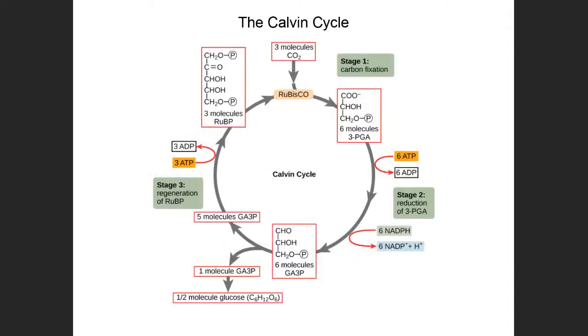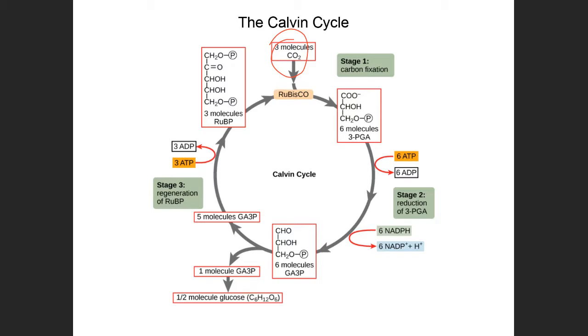Okay, so the structure of the carbon cycle is very easy. First of all, I have to fix my CO2. Then I pass to a stage where I reduce the CO2, and then I pass to the stage where I regenerate the acceptor of CO2.